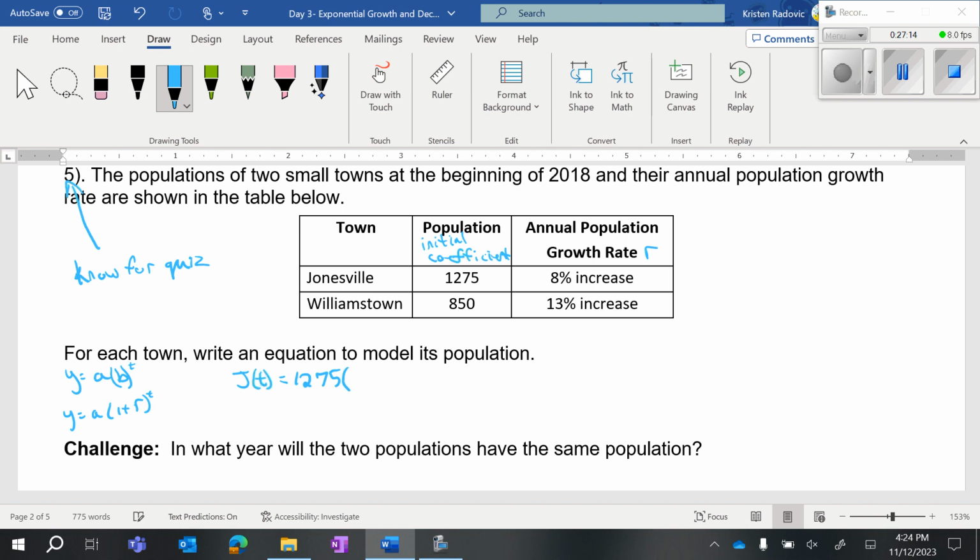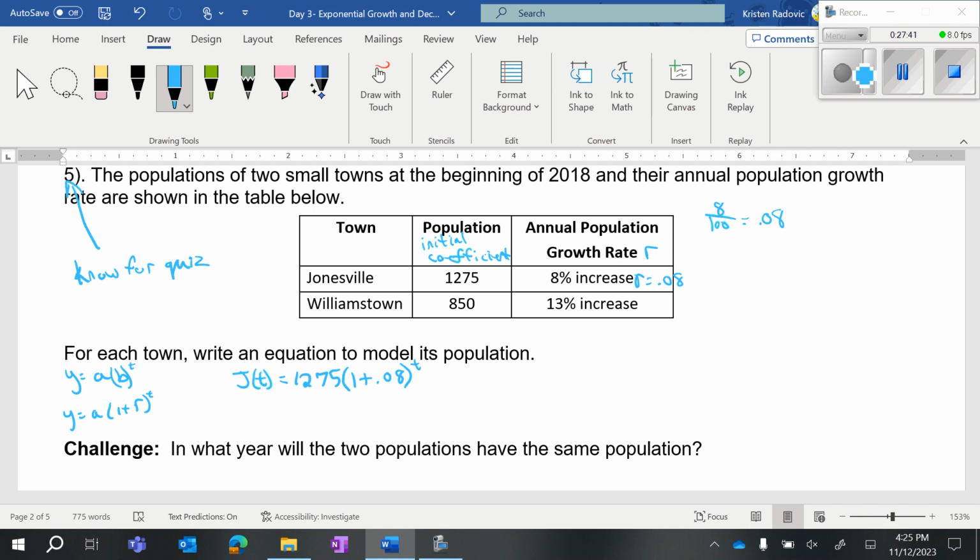This is going to be a 1 plus r problem. Here, your r is equal to 0.08. If you don't know that, you're going to do 8 divided by 100, because percentages are out of 100, and that is 0.08. So this problem is 1 plus 0.08 to the t.